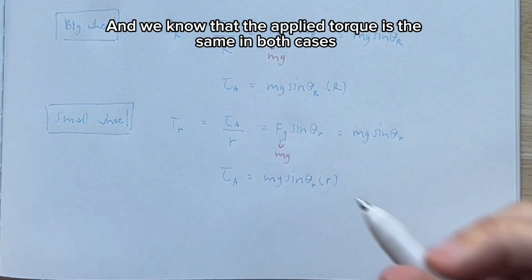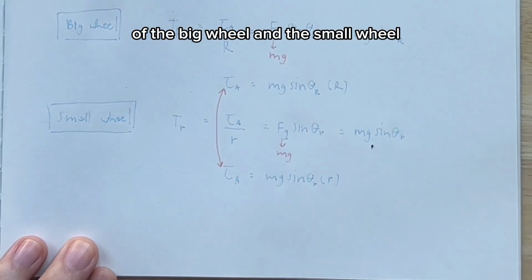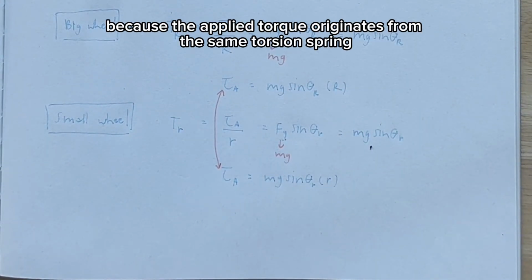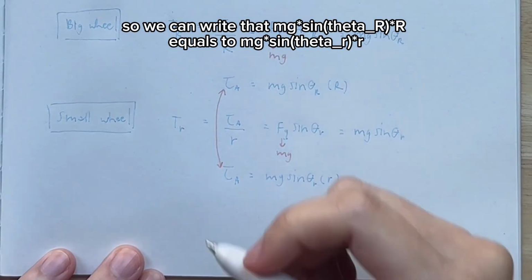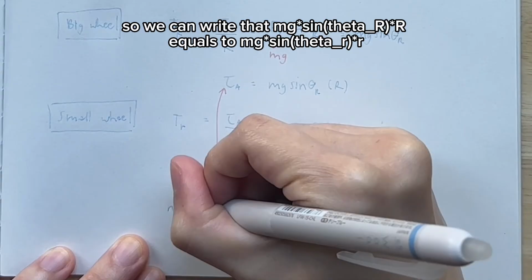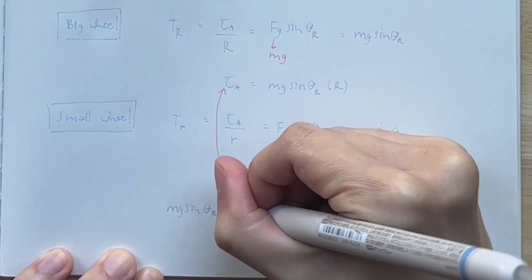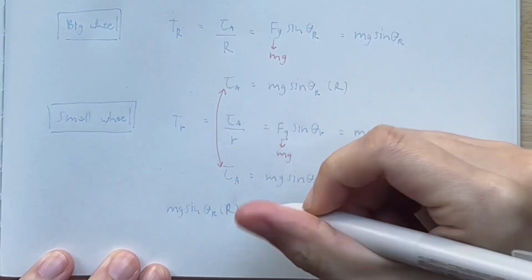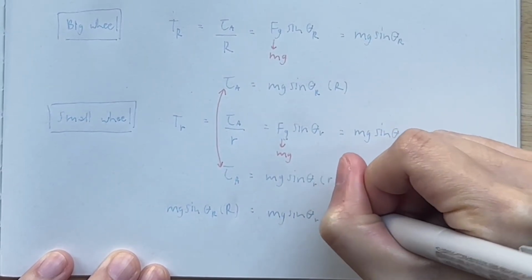And we know that the applied torque is the same in both cases of the big wheel and the small wheel because the applied torque originates from the same torsion spring. So we can write that mg sine theta capital R times capital R equals mg sine theta lower r times lower r.